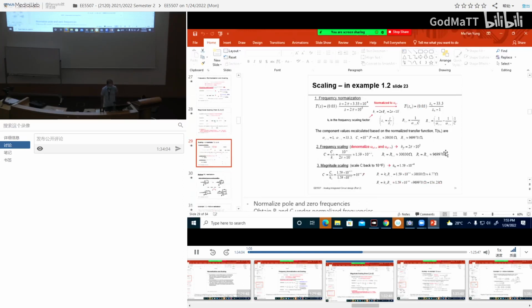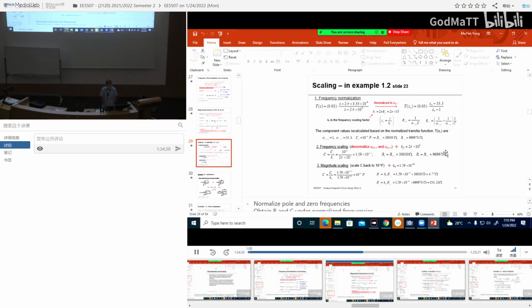Okay, so scaling. We go back to the previous example, which was a bilinear function. Remember we had a zero and pole at 1 kilohertz, and another one low pass, some bigger number than 1 kilohertz.